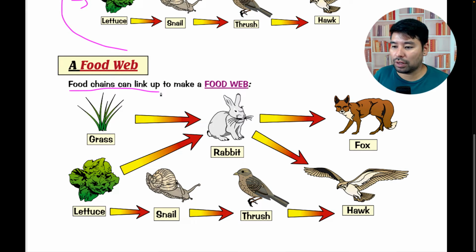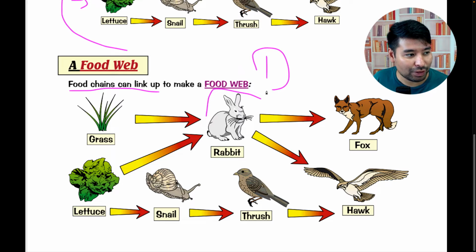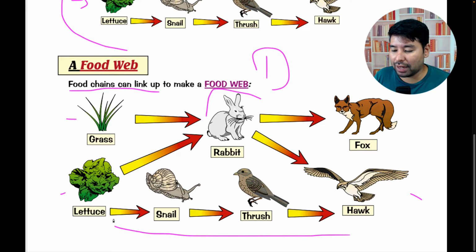Vamos lá. Our central food here is the rabbit, okay? And around the rabbit, as we can see, we have the grass, the lettuce, and the fox, and the hawk. And here down below, we have the lettuce, the snail, the thrush, and the hawk.